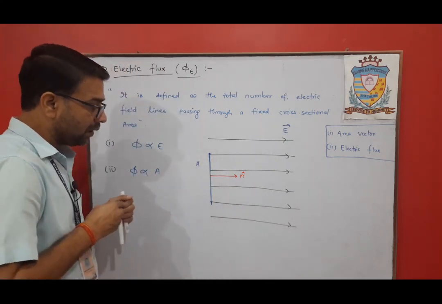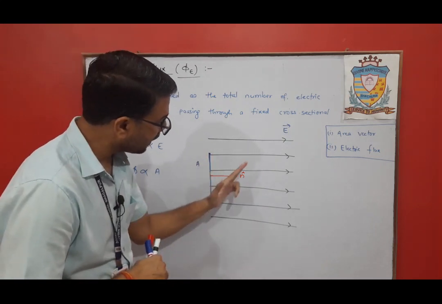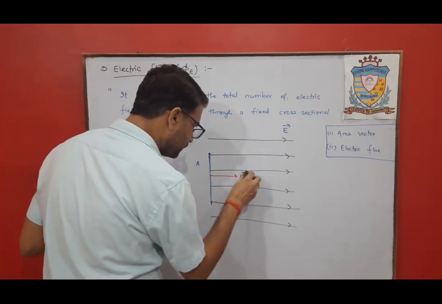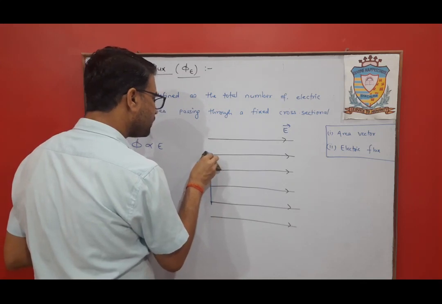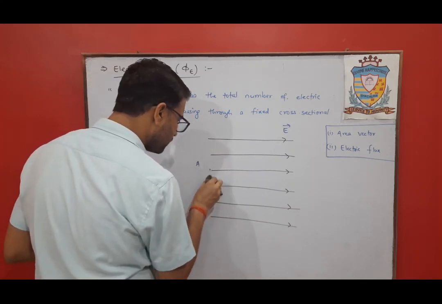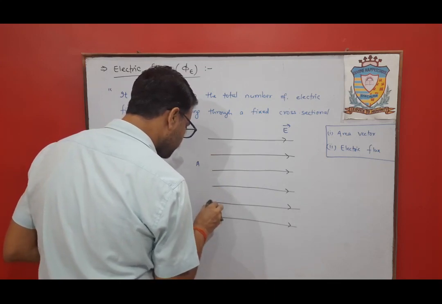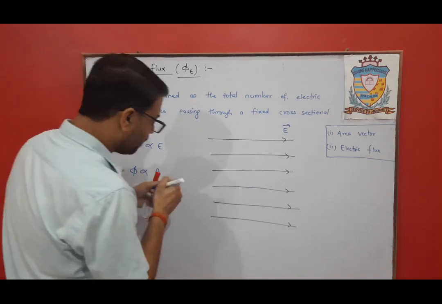Now, if we move this area vector with some angle to the electric field, that means in case 2, suppose this is the previous case.